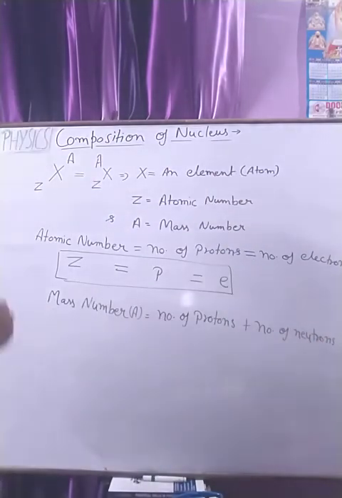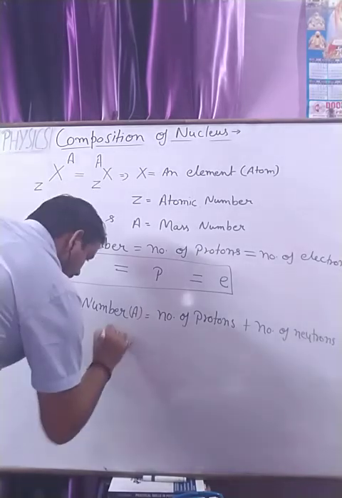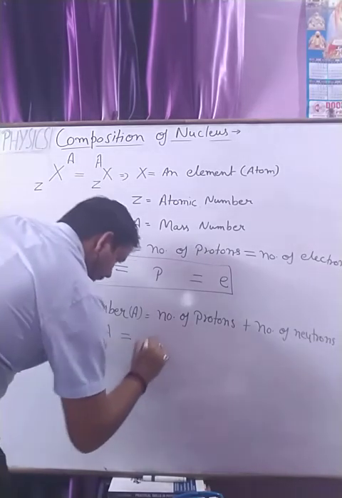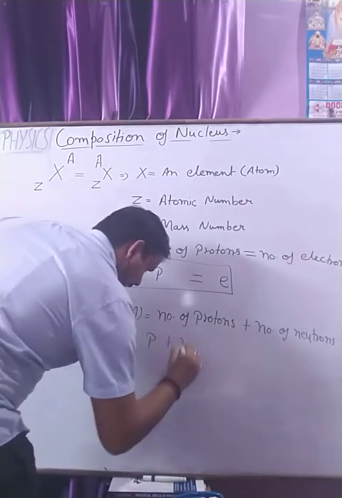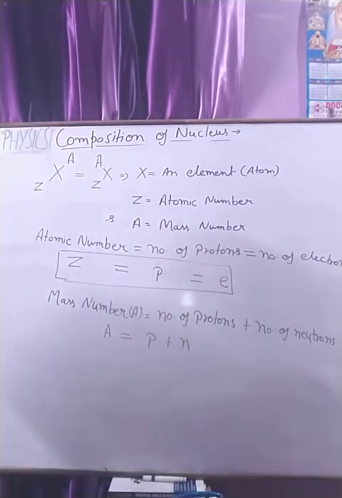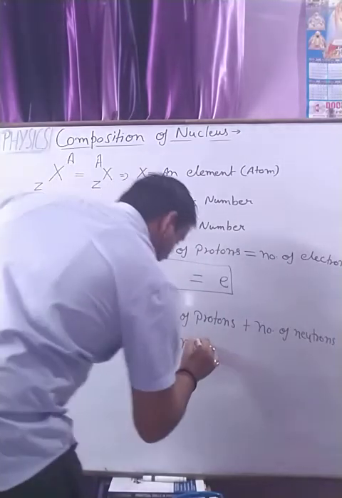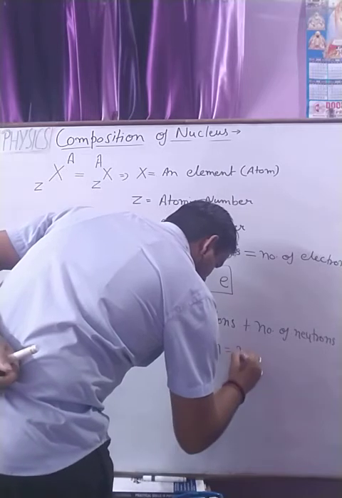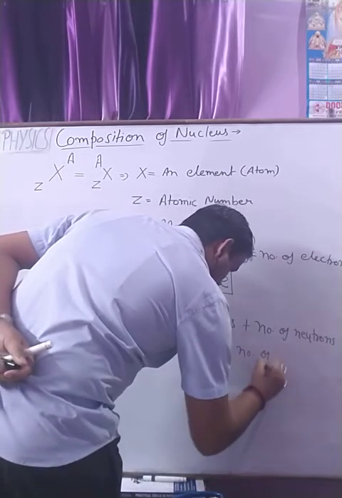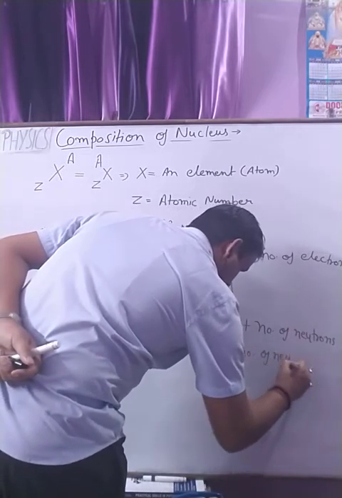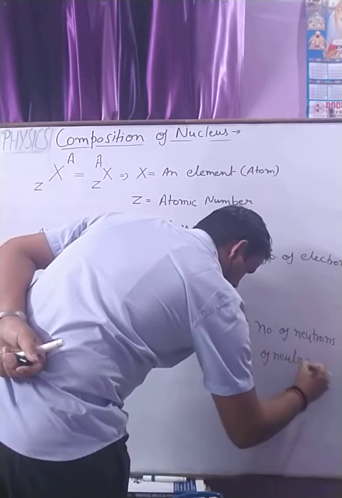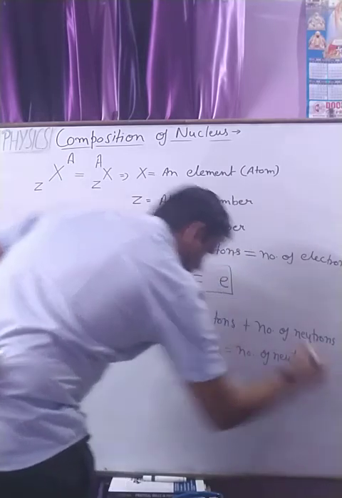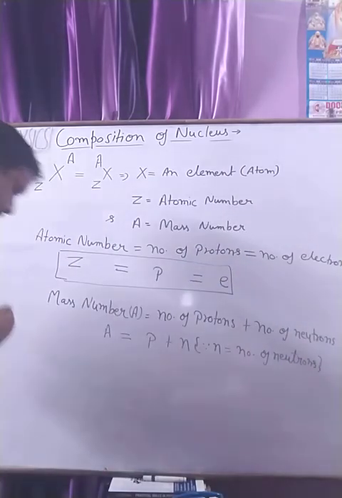Okay, so A is equal to P plus small n, where small n is the number of neutrons.